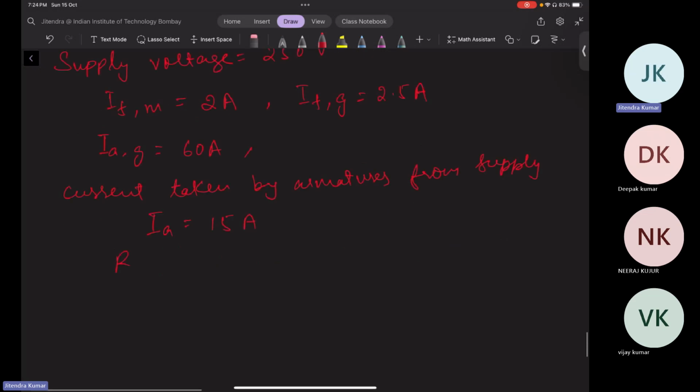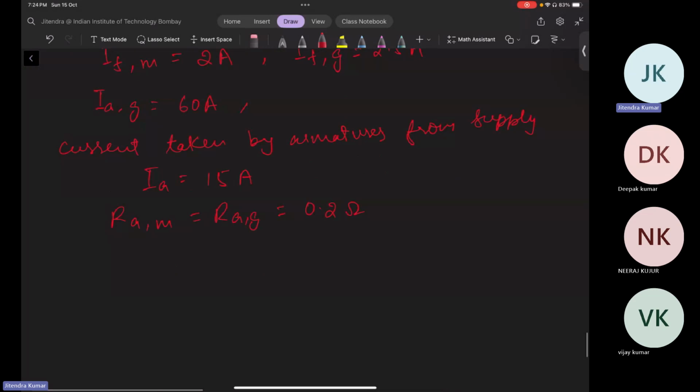Okay, RA for both motor as well as generator, since both are identical machines, is 0.2 ohm. We have to find out the efficiency of the motor and generator under this load.